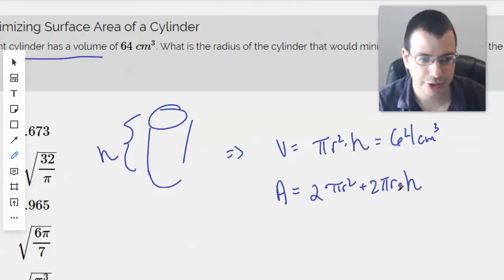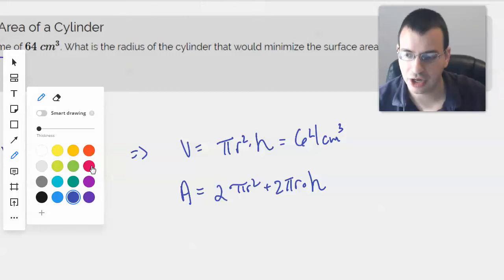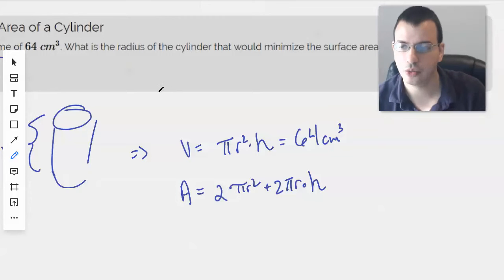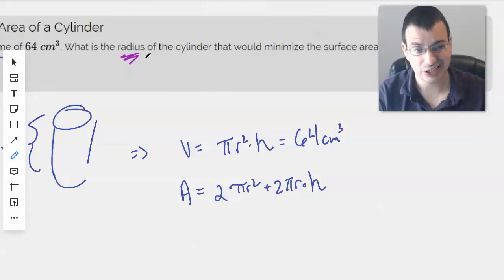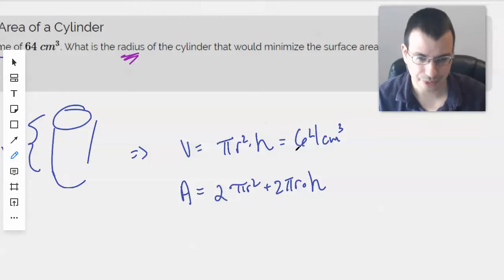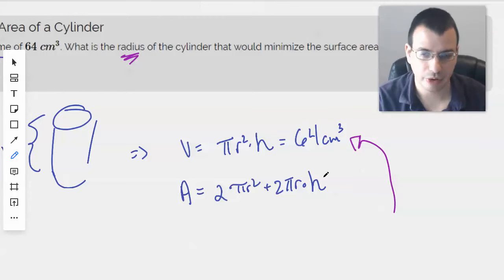And so we have two terms here. Now we want to rewrite these in terms of one value, the radius. We want to find some equation that relates to radius. So we're going to solve the volume equation for height and then plug it into the surface area equation.